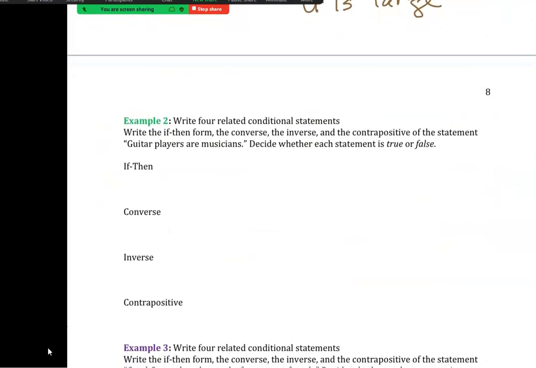Okay, next example. I'm going to give you a statement. You're going to make it into a conditional statement. Okay, so guitar players are musicians.